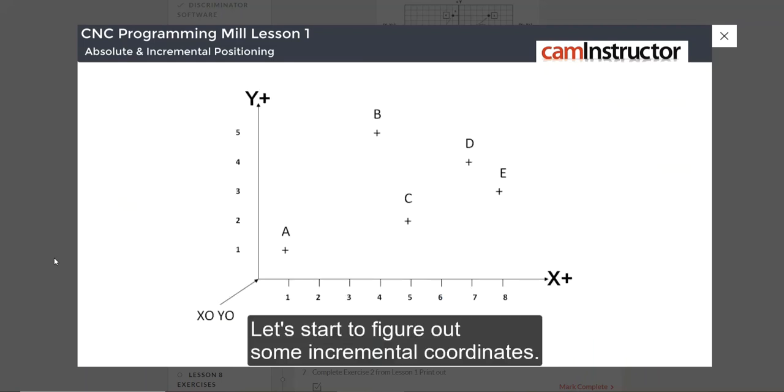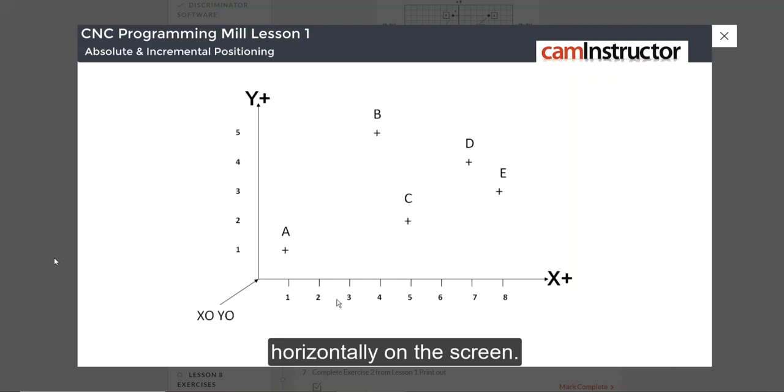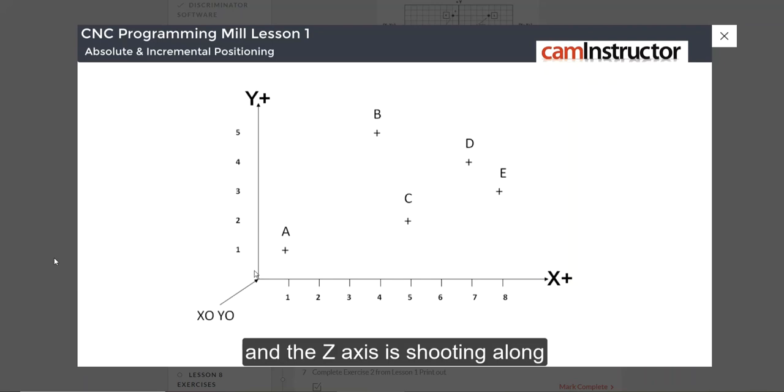Let's start to figure out some incremental coordinates. The x-axis is running from left to right horizontally on the screen. The y-axis is lying vertically, and the z-axis is shooting along perpendicular to the screen.